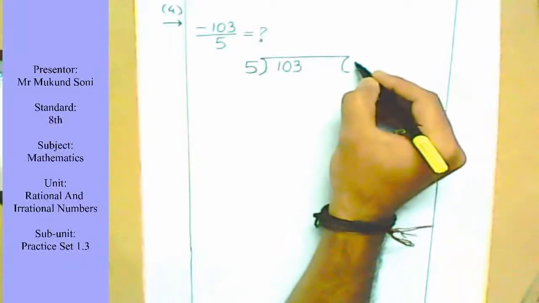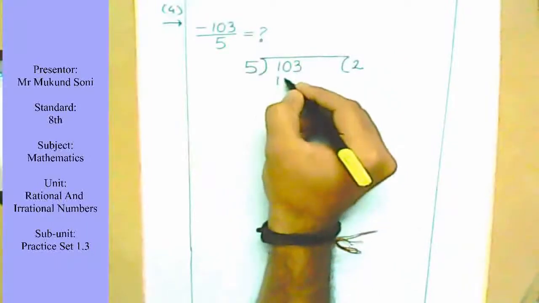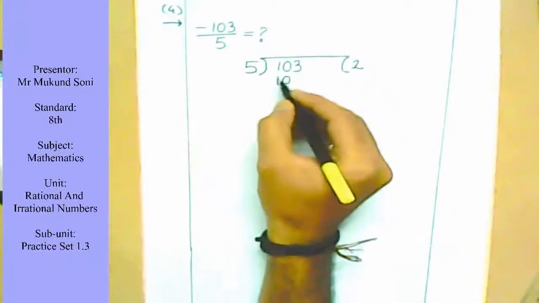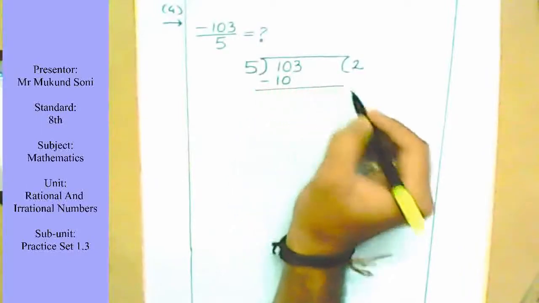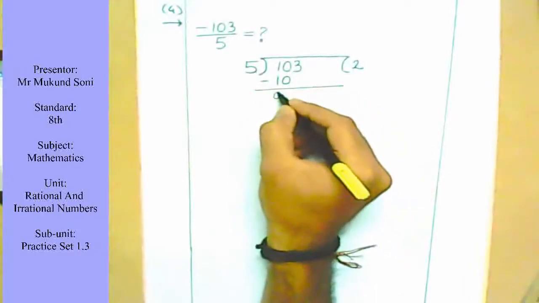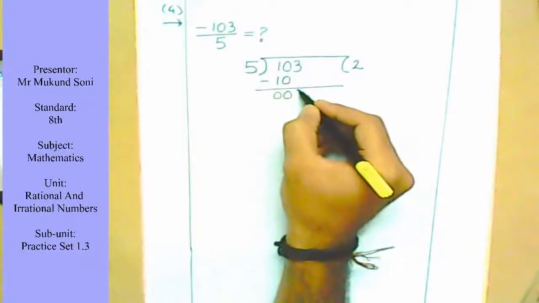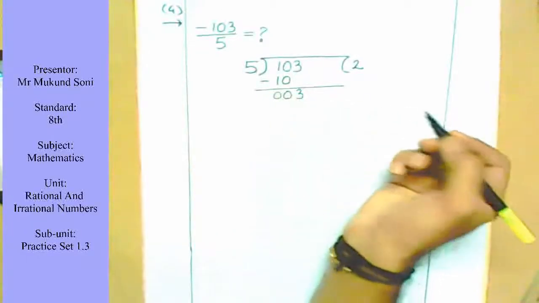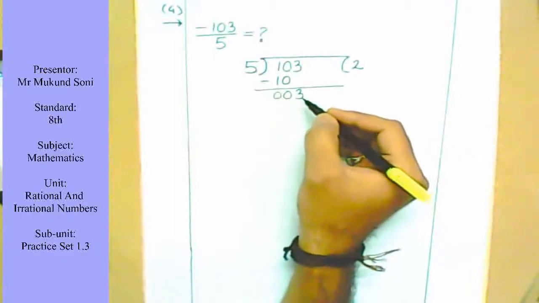In the table of 5, 5 2s are 10. Correct. Do the subtraction and the answer will be 0. Take the next number down, that is 3. In the table of 5, is there any number less than or equal to 3?